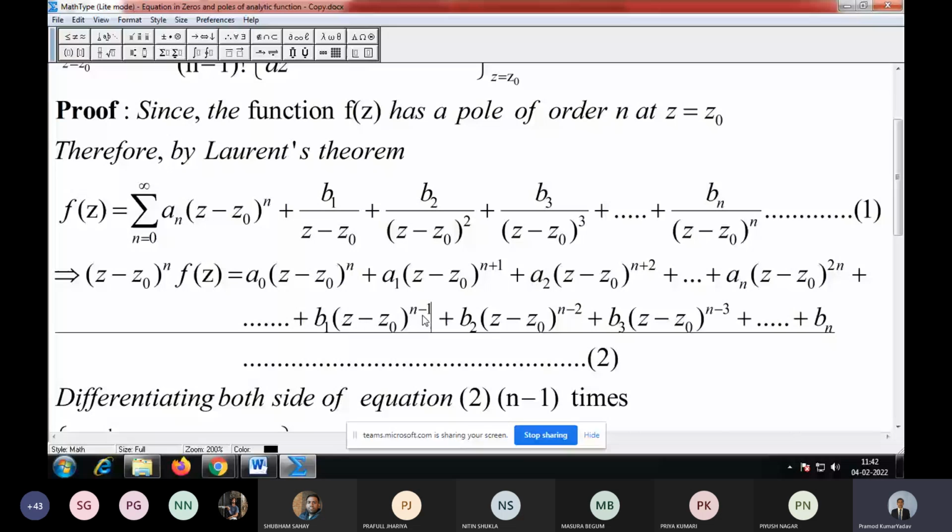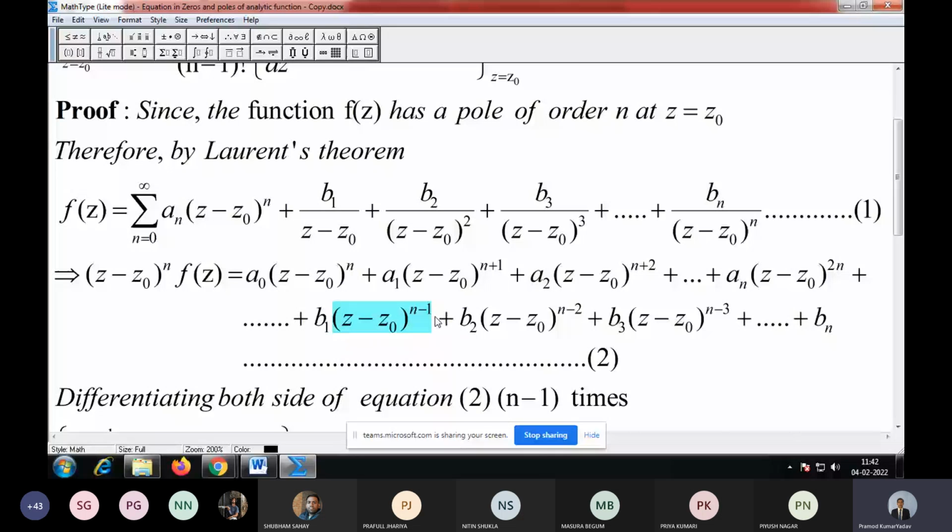You all know that if x square is there, then we can find the derivative up to second order. It means first 2x, then second 2, and third it will be 0. So if x to the power m, then the maximum derivative will be up to the mth order derivative, and the m plus 1, m plus 2, m plus 3 derivatives will all give us 0. Because of this, we can differentiate the whole expression with respect to z up to n minus 1 times.